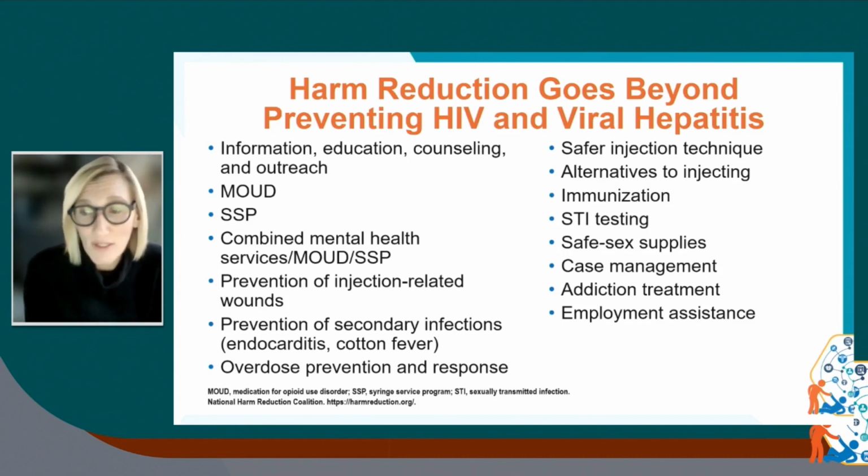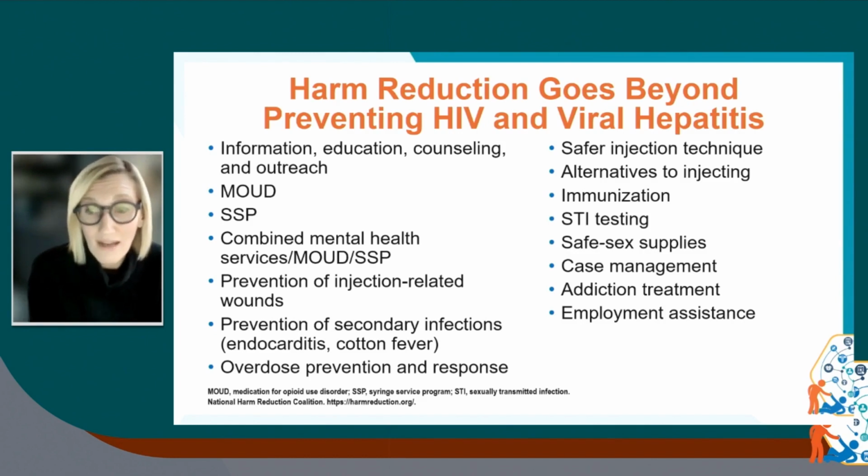Immunization is a part of harm reduction. It involves making sure that folks are protected against hepatitis B and hepatitis A and pneumococcus and tetanus and other things. Making sure that you're identifying sexually transmitted infections to reduce harm to that individual and also to others through sexual transmission.